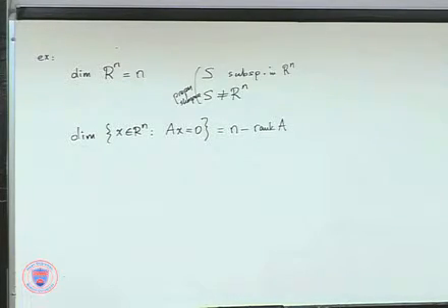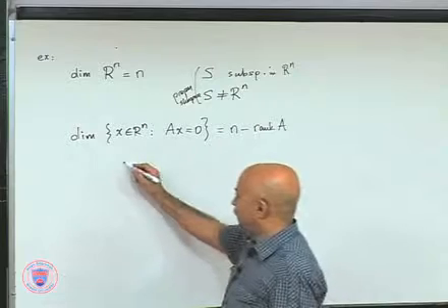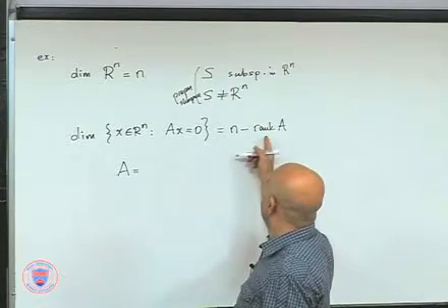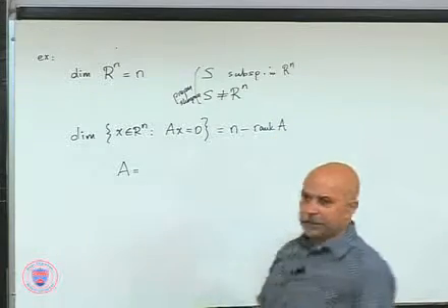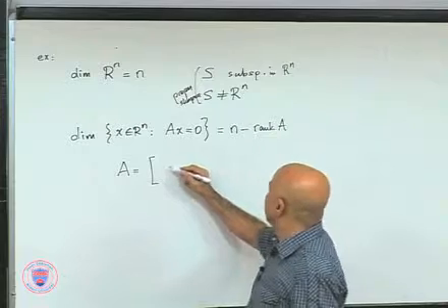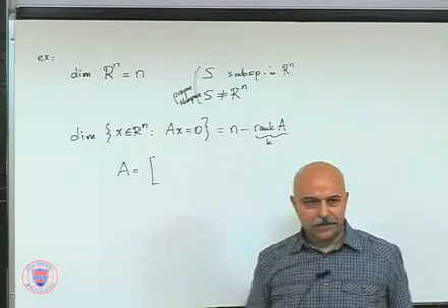Number of linearly independent columns. Okay. Since the rank of A, whatever it is, suppose the rank of A is, say, K. Whatever it is, assume.